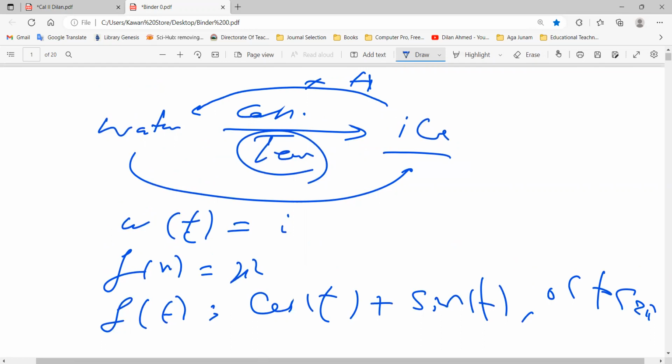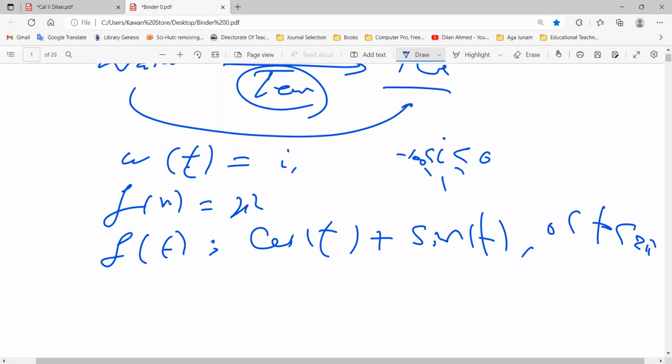If I heat it, for example, I want to get ice, I say let T be between, for example, minus 100 to 0. You get that one, right? Because I want to make water or get the ice. Or vice versa is also true. So T is a condition, like a temperature.